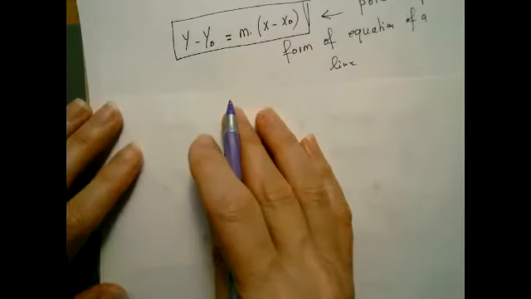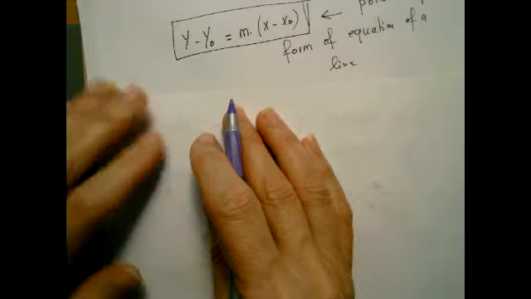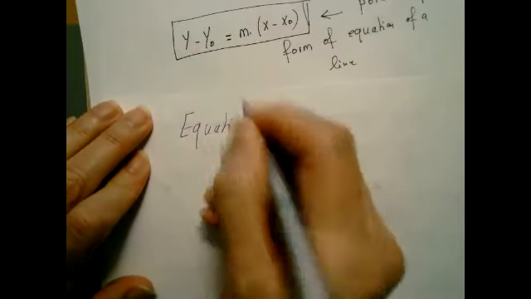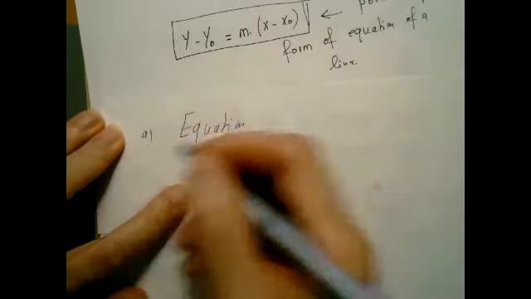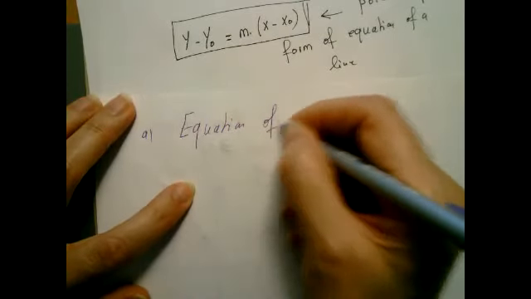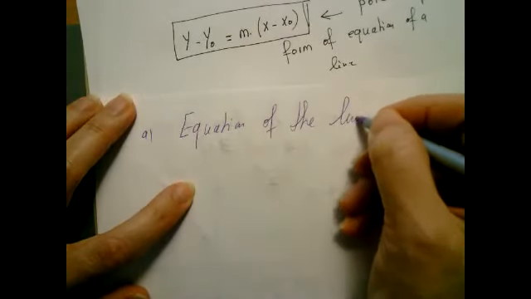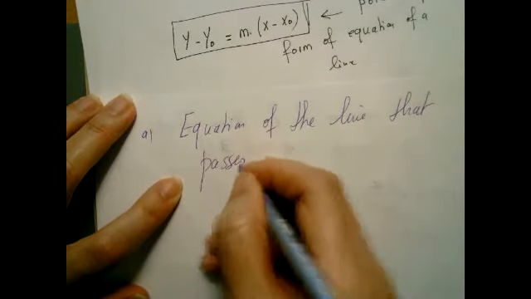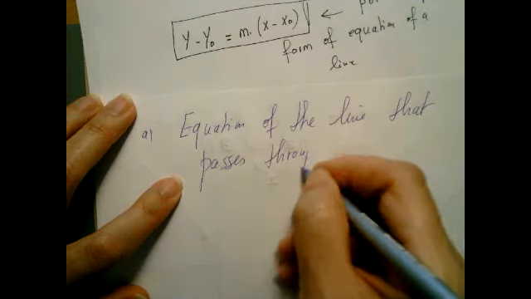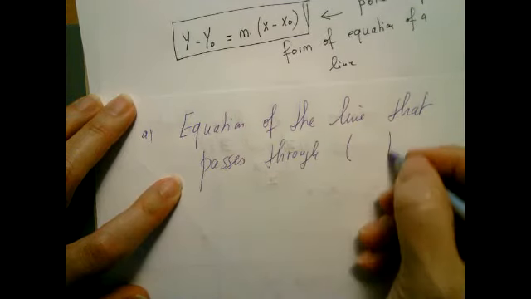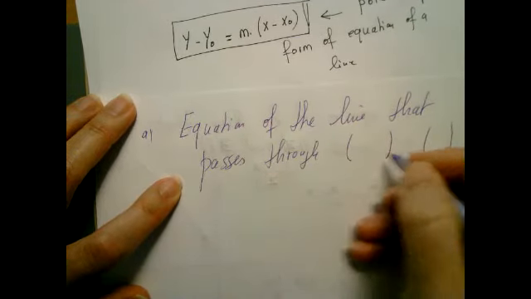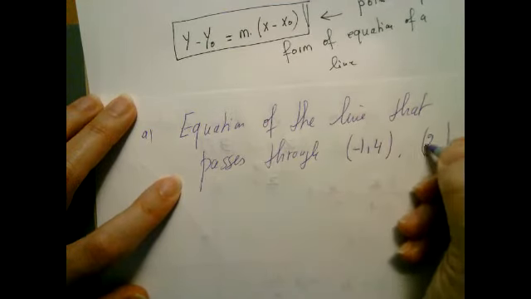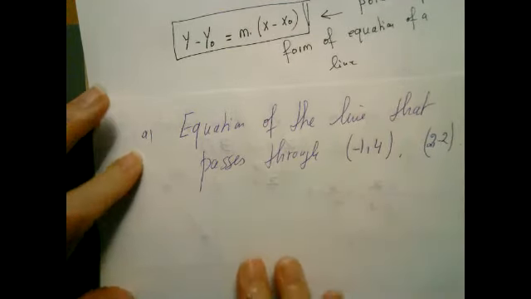Okay, so now I'm going to give you another one. Find the equation. Again, I want you to use this format. Part A, the equation of the line that passes through the following points: minus 1, 4, and 2, minus 2.